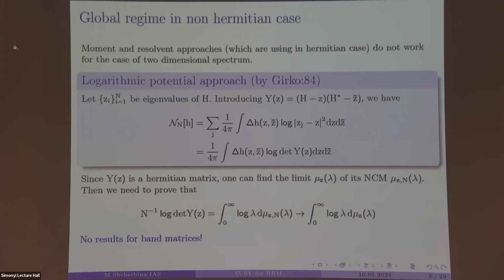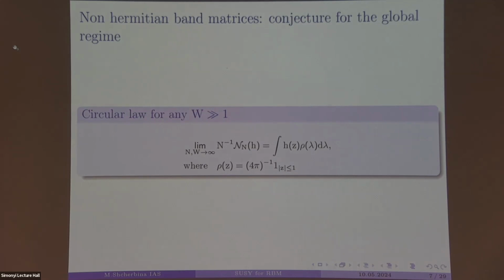It doesn't look very serious, but in the case of the simplest non-Hermitian model, the Ginibre model, it took 26 years to solve this problem. So it's a serious problem, and for Ginibre it's solved, for band matrices it has not been solved yet. Therefore, even to prove the first result, there is a conjecture that, like in the Hermitian case, when you consider the limit of linear eigenvalue statistics, the answer is the same as for complete matrices, when W equals n.